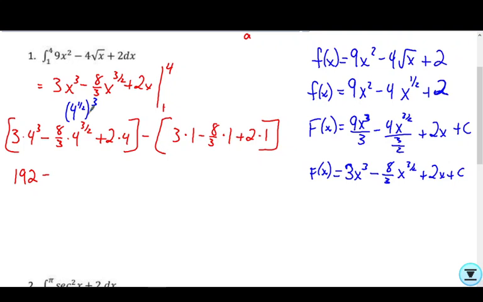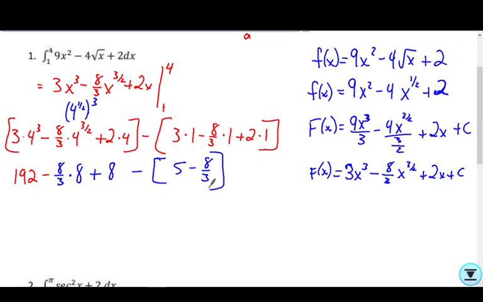Okay? And if I do that, the square root of 4 is 2, and then 2 cubed is 8. So this is 8 over 3 times 8, plus 8, minus, and then here I'm going to get 3 plus 2, which is 5, minus 8/3. And I'm going to leave it like that for right now.